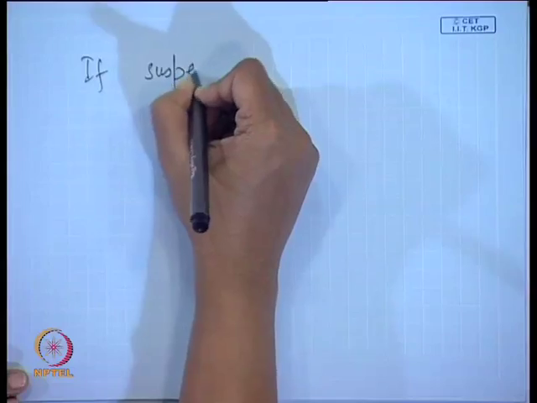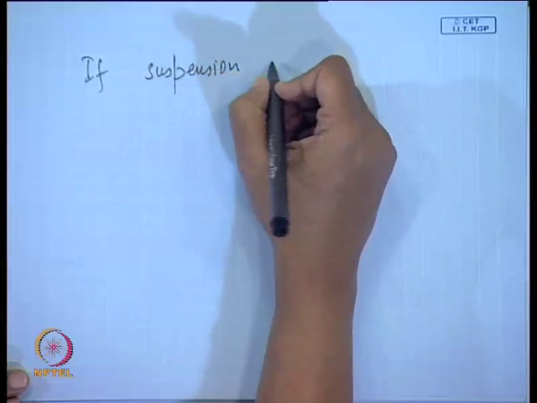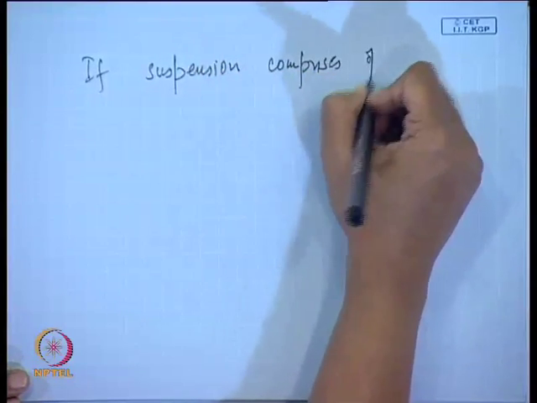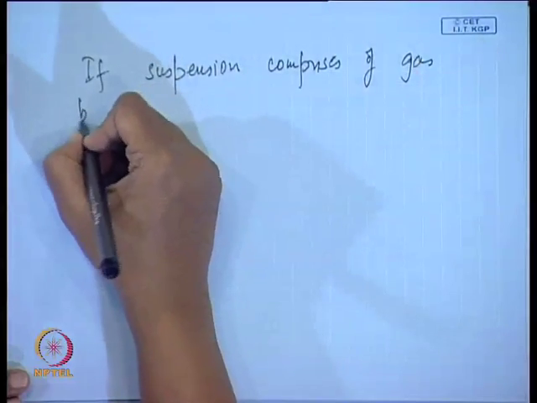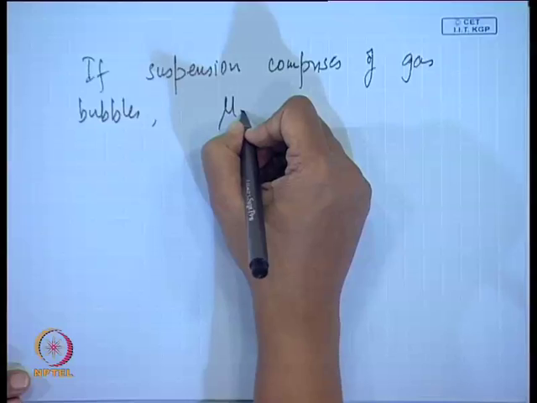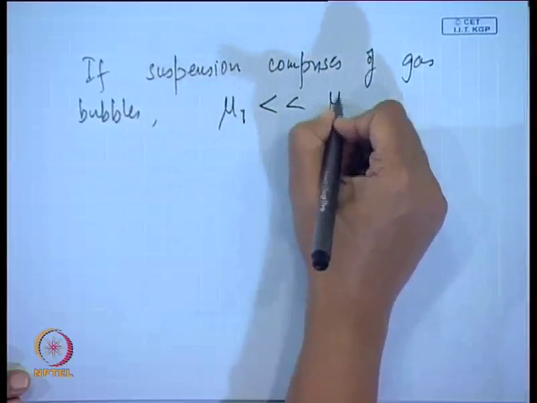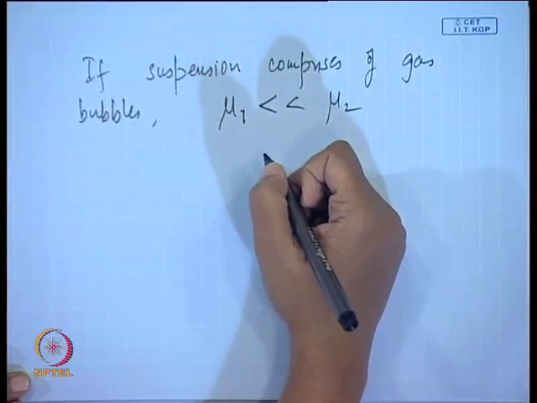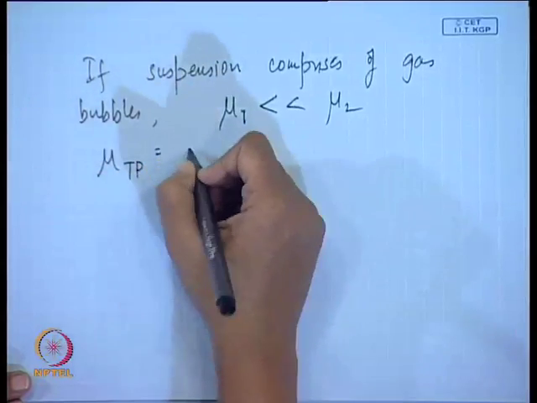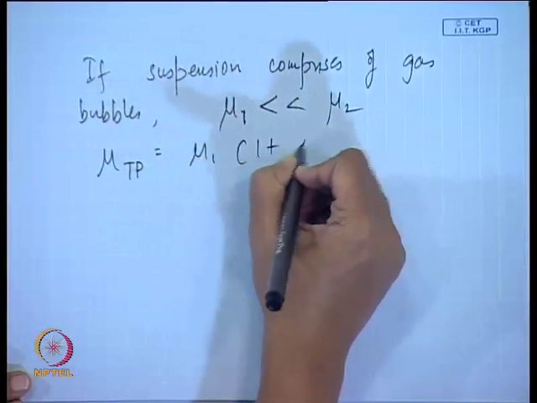If the suspension comprises of gas bubbles, under such a circumstance your mu 1 is much greater than mu 2. So, under this circumstance again if you derive it, you get mu Tp will be equal to mu 1 into 1 plus alpha.